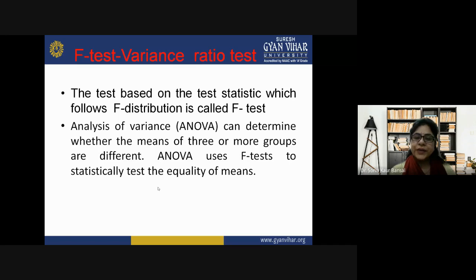When we are doing research and we have more than one, two, or three groups, then we use the F-test. ANOVA uses the F-test to statistically test the equality of means.